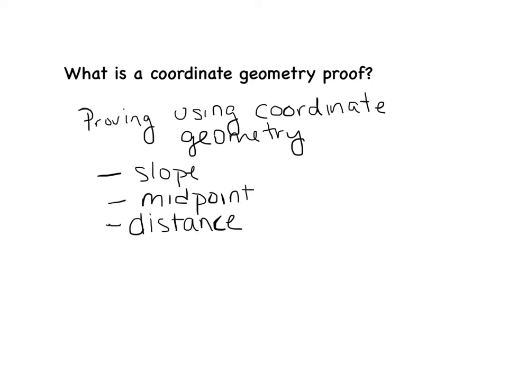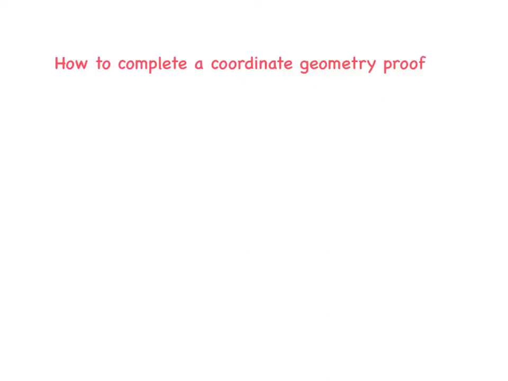So we're going to be starting to look at things on the coordinate plane. The very first thing that you're going to do is make sure you have a piece of graph paper. To complete a coordinate geometry proof, the first thing you're going to do is graph the given item. This might be a triangle, it might be a quadrilateral, whatever it is, you're going to graph it.